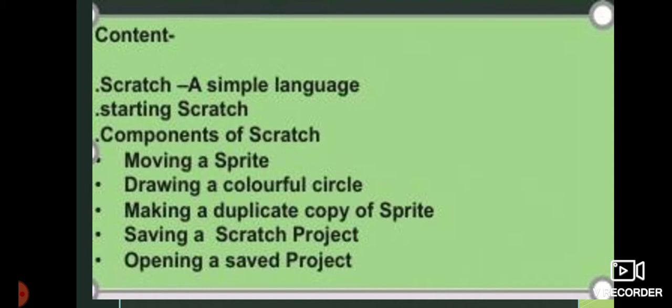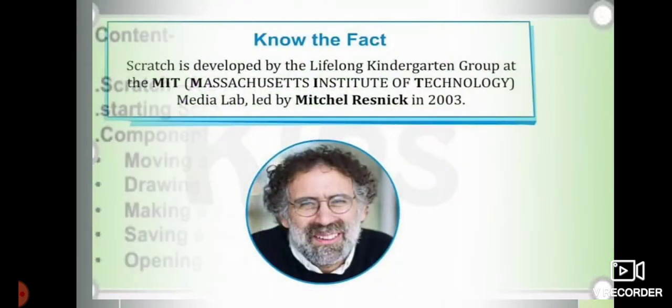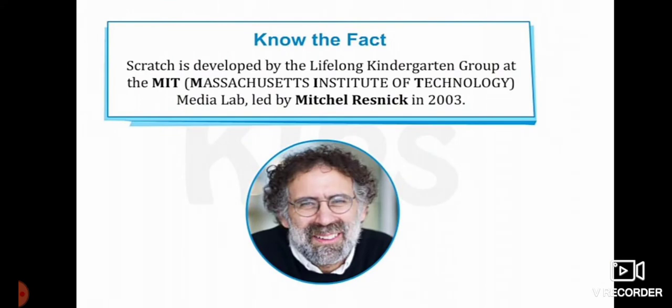Can you tell me the name of Scratch developer? Can you tell me? Here comes. Scratch is developed by the Lifelong Kindergarten Group at the MIT, Massachusetts Institute of Technology Media Lab led by Mitchell Resnick in 2003.